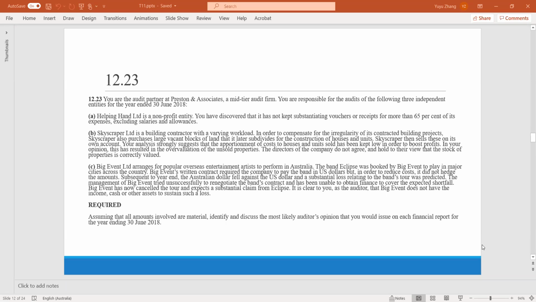Suppose here we have 3 different mini case situations. Let's say each of the situations is 2 marks, so that will be about 6 marks in this question. Each mark is about 2.5 minutes, so to finish this question you are supposed to finish in 10 minutes. Of course, in the tutorial I'm not giving you 10 minutes.